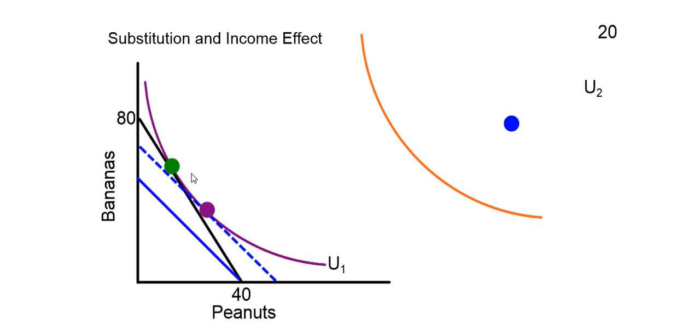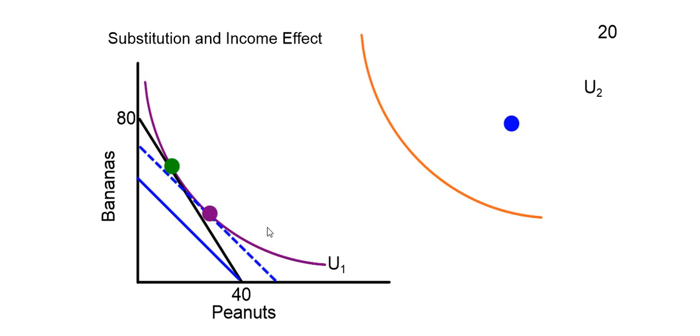Okay, so going from the green to the purple is due to the substitution effect. Going from here to here, it means we're going to purchase fewer peanuts, and also fewer bananas, right? Because it's asking us what will happen to the quantity of bananas. So that's going to make us purchase fewer bananas as a result of the substitution effect.